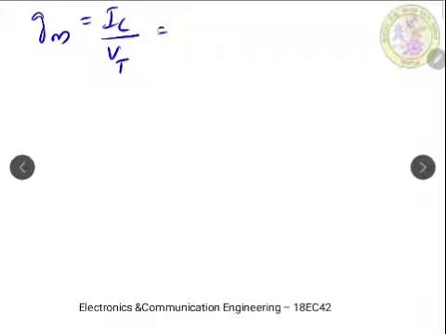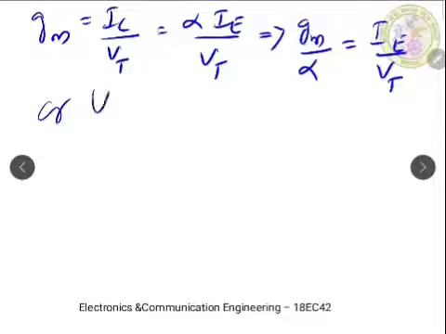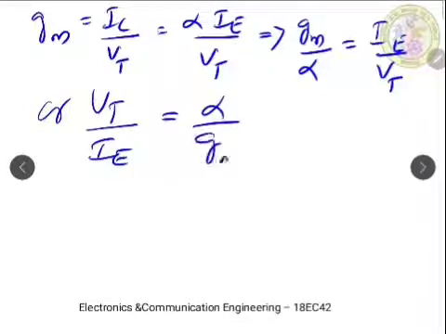But IC is equal to alpha into IE, so gm by alpha is equal to IE by VT. Or we can simply write VT divided by IE is equal to alpha by gm.